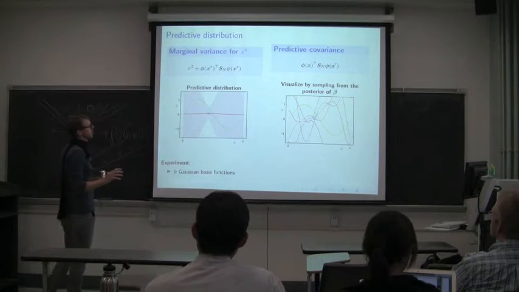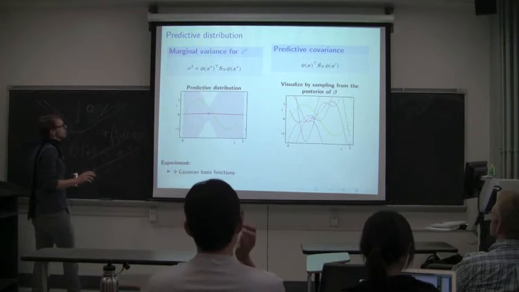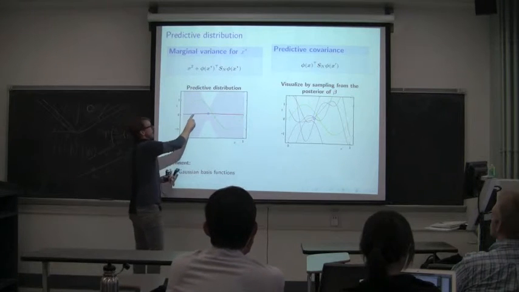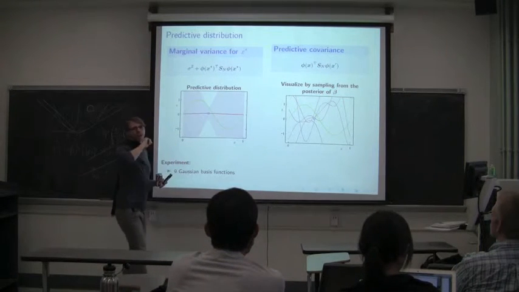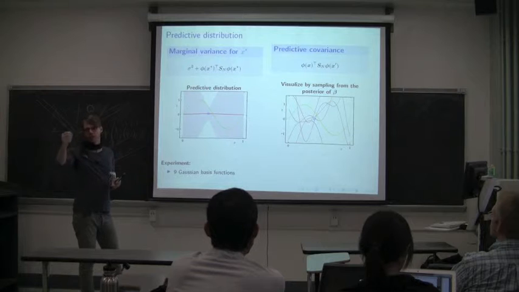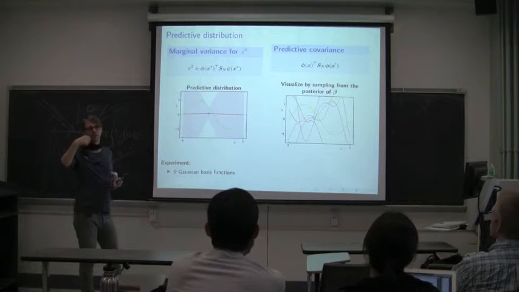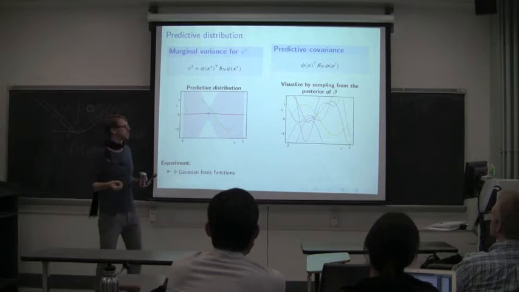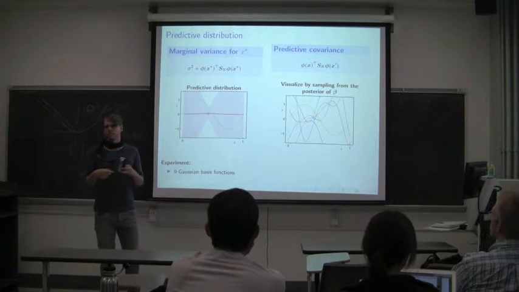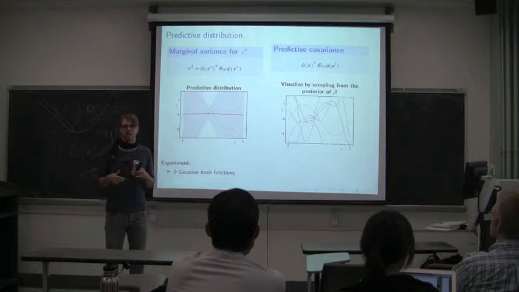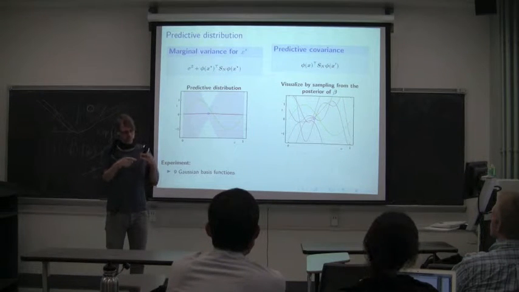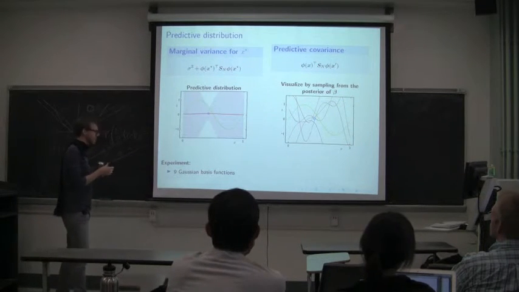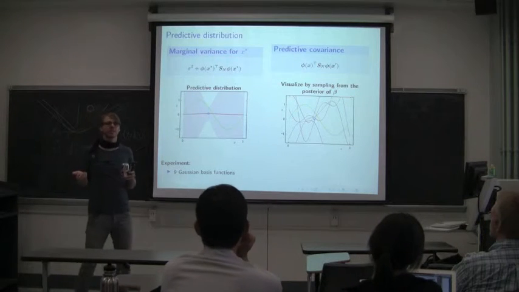What do we mean if we say covariance? Basically, if I give you two x's, how does the function that we have learned covary between these two points? It's covariance between function values.